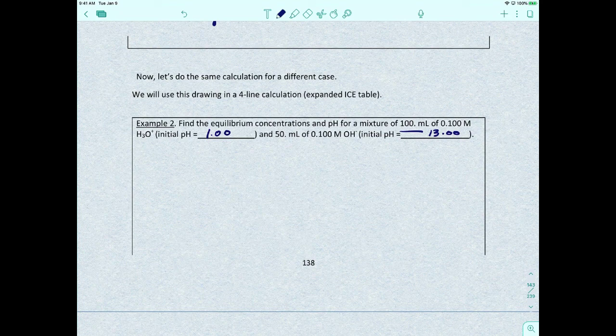All right, so we're going to set this up. Again, we need our equation before we do anything else because we got a strong acid and a strong base. We're going to use the autoionization of water equation. So 2 moles of water breaks down and forms an equilibrium with H3O plus and OH minus. Okay, so initially, we need to know the initial moles.